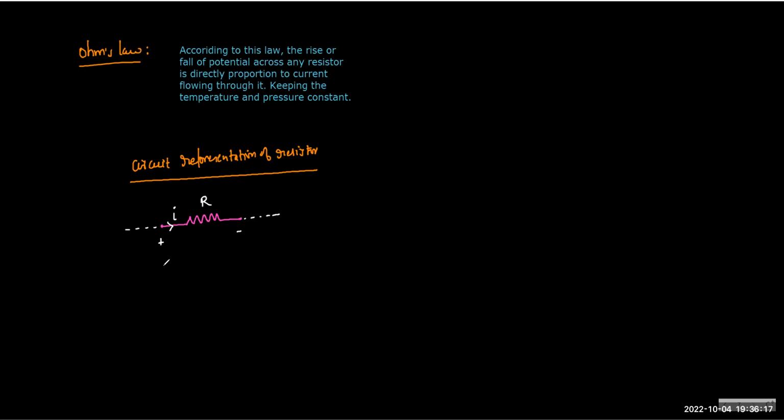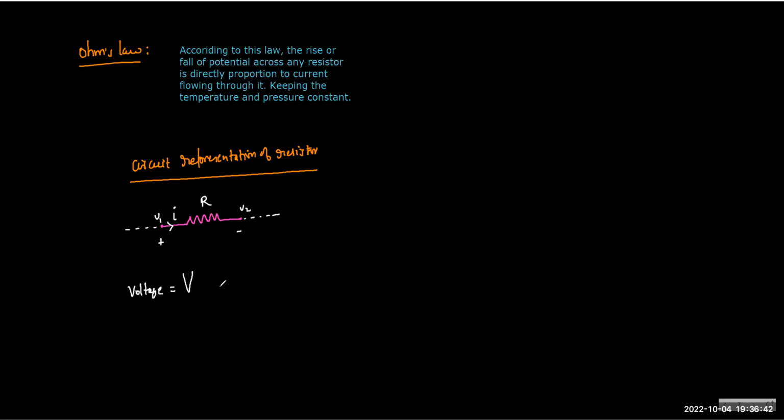Now what Ohm is saying is that the potential rise or drop, which we call voltage. If I say this is at potential V1, this is at potential V2, voltage is basically the difference. What Ohm said is that along the flow, the potential will drop and against it will rise.